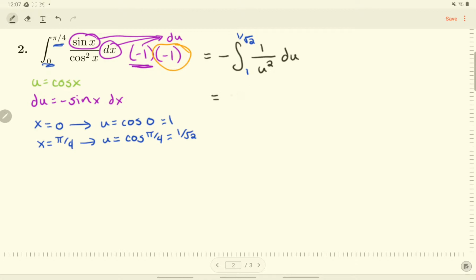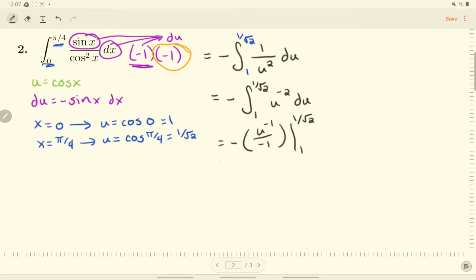So rewrite your u squared from the denominator as a u to the negative 2, so that way we can use our reverse power rule. So I'll have a negative times u to the negative 1 divided by negative 1, evaluated from 1 to 1 over root 2.